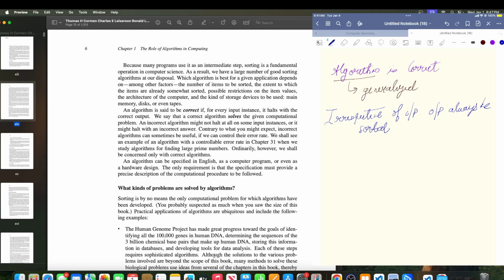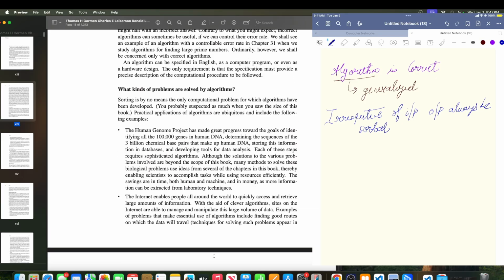When we study an algorithm for finding large prime numbers, we will see this. What kinds of problems are solved by algorithms? Sorting is by no means the only computational problem for algorithms. You probably suspected as much when you saw the size of this book. Practical applications of algorithms are ubiquitous and include the following examples. So he's saying where we use algorithms.